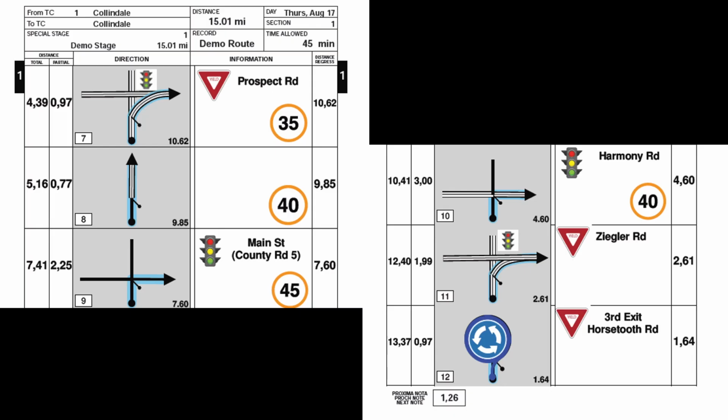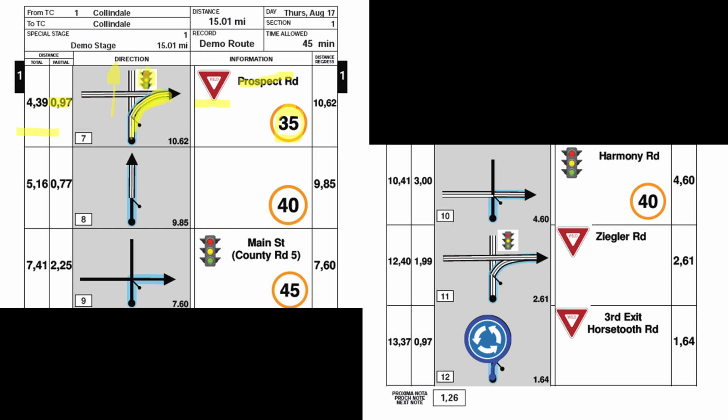Okay, second page. Waypoint 7 happens 0.97 miles after waypoint 6. We're going to take a right on a dedicated right turn lane, which is a yield onto Prospect and cast 35. So for the navigator, you'll see that there's a stoplight, but that stoplight is sitting there for traffic going straight.